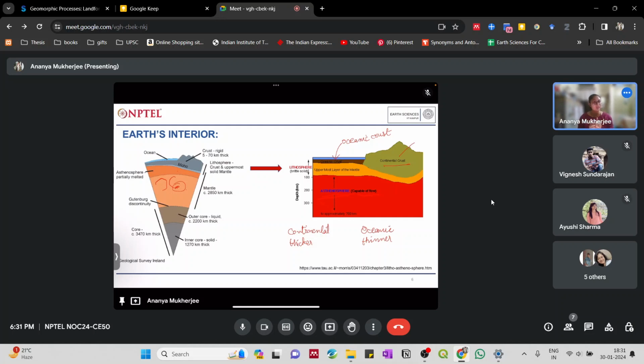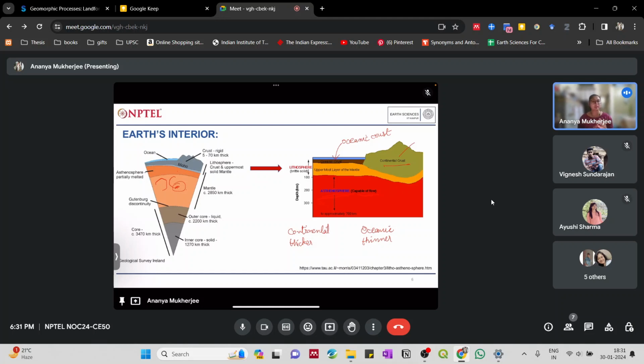Continental crust is thicker because there are very few specific places where your continental crust is being destroyed. Mostly it is not entirely destroyed. Maybe it forms another landform over there.